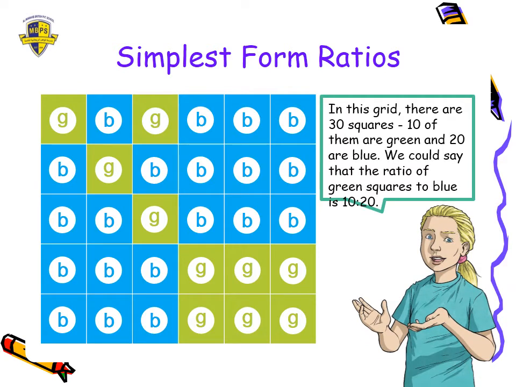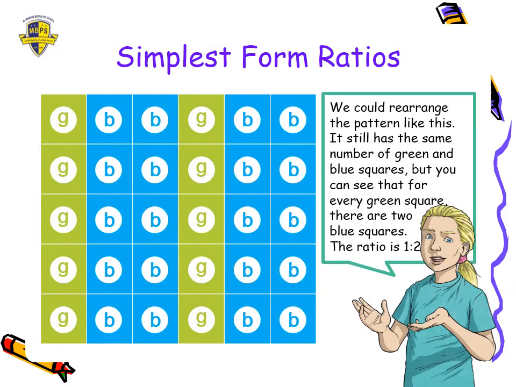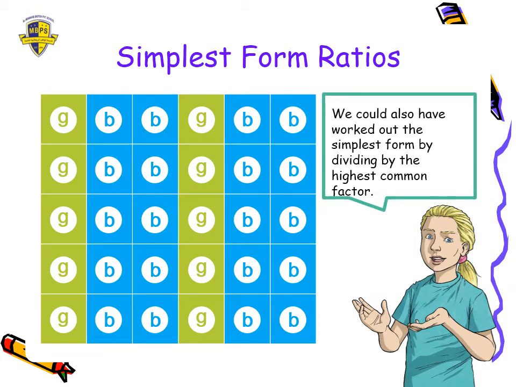Okay, now we want to try to write this one in simplest form. 10 to 20. We can divide this by what? Who can think of a common factor between 10 and 20? 2, good, but 2 is not the highest common factor.